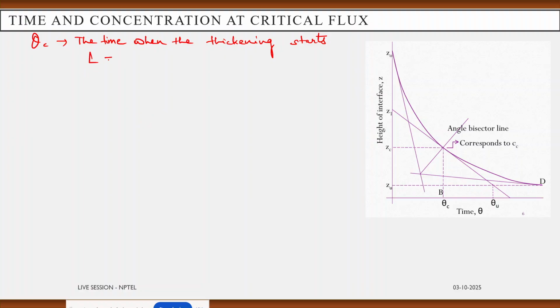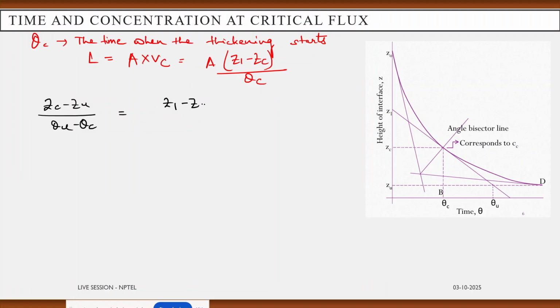So from here we can have L equals A into VC, which is A into Z1 minus ZC divided by theta C. So in the last slide, we have also defined the volumetric flow rate L. So if you equate this to L, you will get this equation.